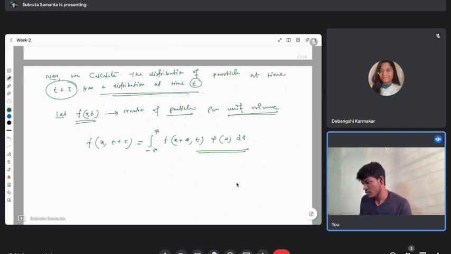Okay, let's discuss this. Let's consider two points on the x-axis: one is x, another is x plus delta, right? So the distribution at time t and space x plus delta evolves to a distribution at time t plus tau at space x.